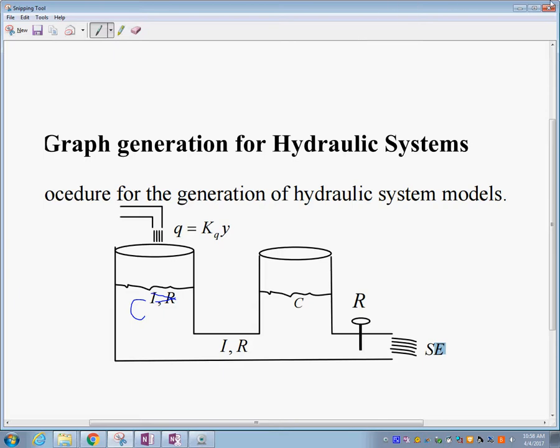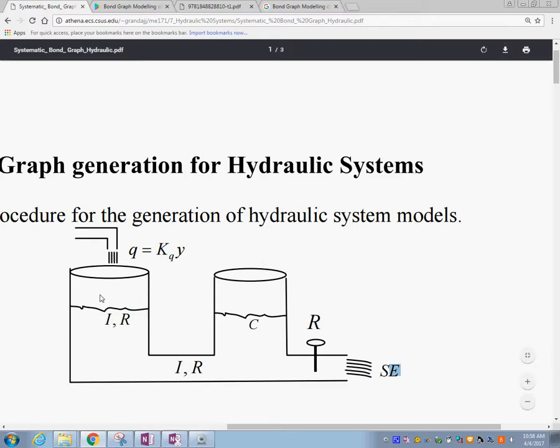So what you have is a reservoir and a source giving us a flow here, and then you have a connection between this tank and this other tank, and then you have a flow valve control, and then you have the flow going out to this reference point, which we call atmospheric pressure.